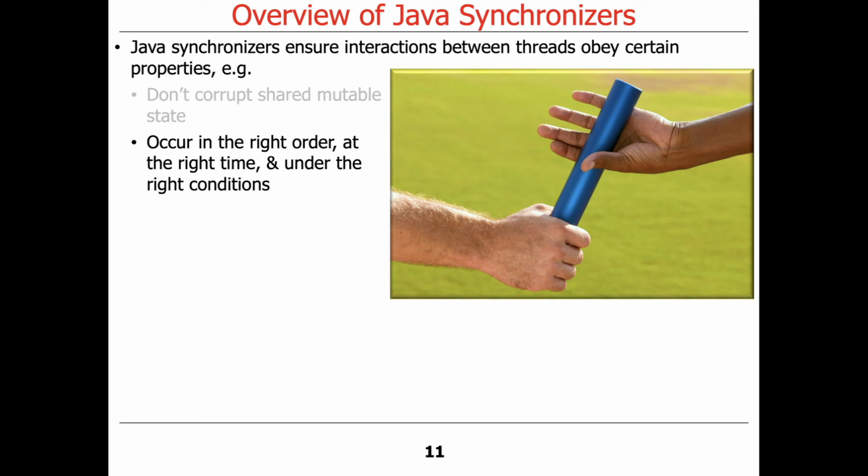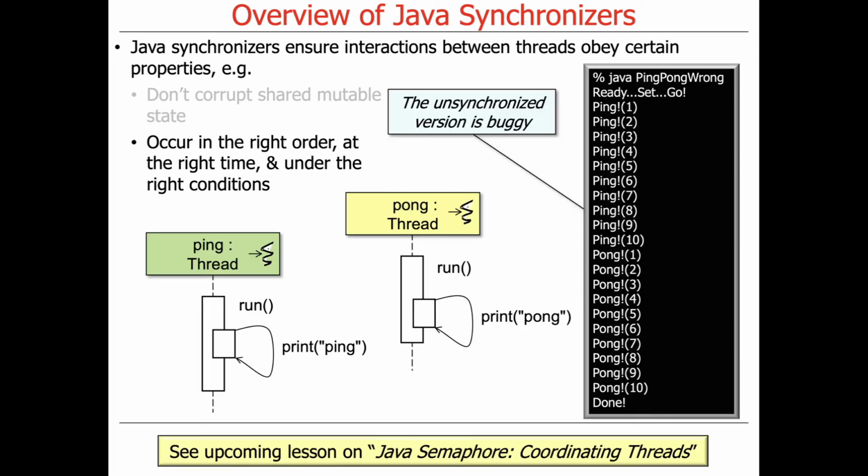So one thing you need to do with synchronization is not allow corruption of shared mutable data. Another thing is to make sure that your threads run in the right order, at the right time, and under the right conditions. This is an example we will look at in more detail later. It's really fun. It's called the Ping-pong wrong program.